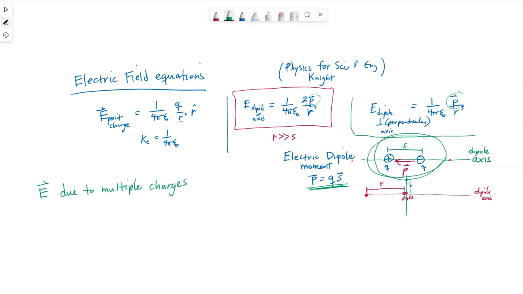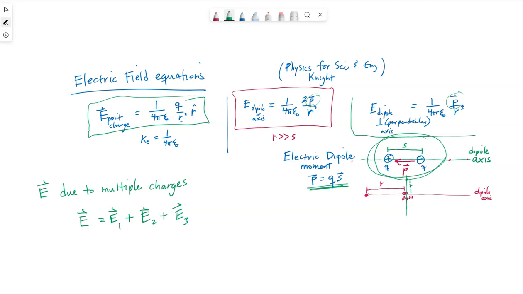They're both point charges, so I would find the electric field due to one of them, wherever it is we're trying to find the field at, plus the electric field due to the second one, and add them together vectorially. So point charges, I would grab the equation, find out the value of the electric field for them individually, and add them up. And this works well for a few charges.